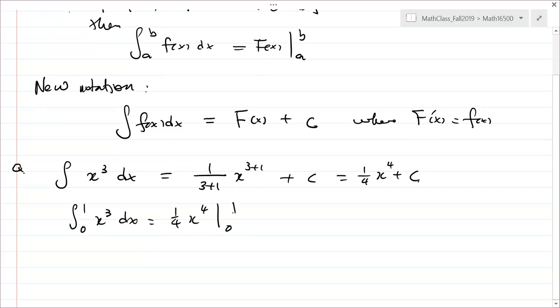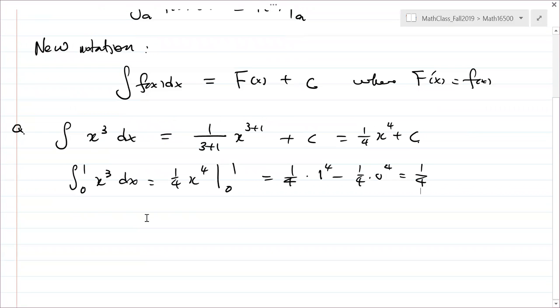Evaluate the integral between the points. Sometimes the antiderivative cannot be found directly, so you have to express the function as a sum of power functions.